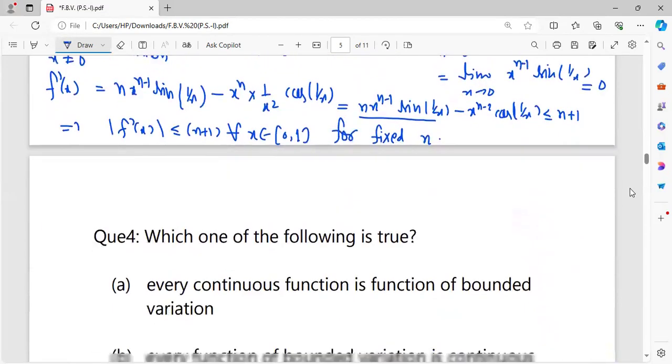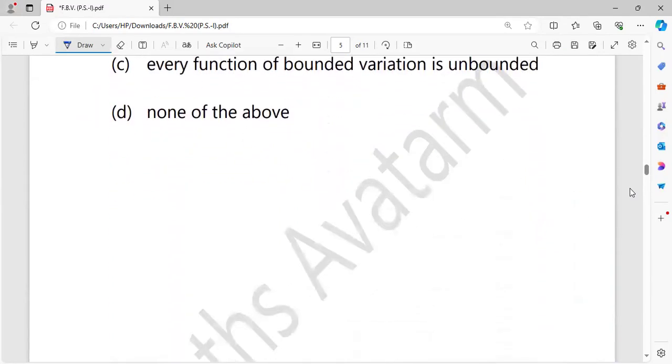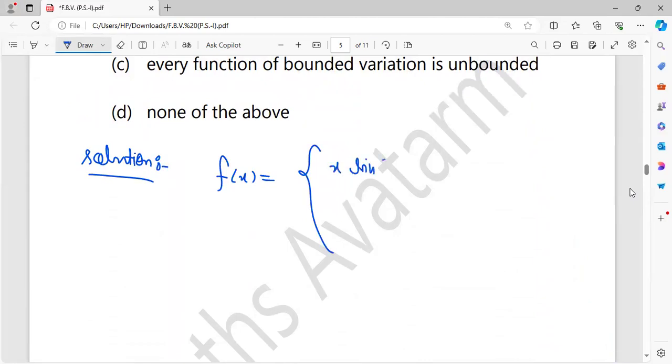So the fourth question is, which one is true? Every continuous function is a function of bounded variation? No, because you see this example. f(x) is equal to x sine pi upon x if x is in (0, 1], and 0 if x is equal to 0.